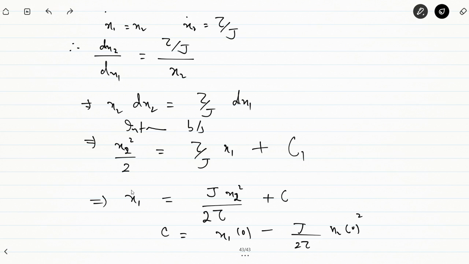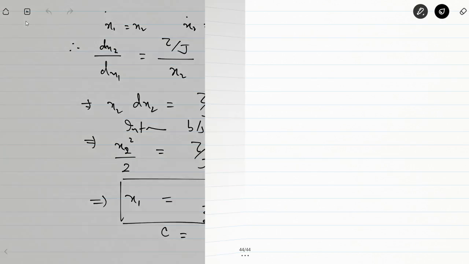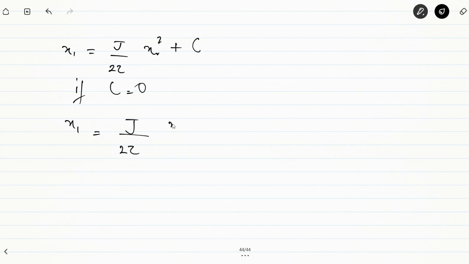So basically we have this equation, and we have to see what kind of equation this is. x1 is equal to j by 2 tau times x2 square plus c. So if c is 0, that means x1 is equal to j divided by 2 tau x2 square.